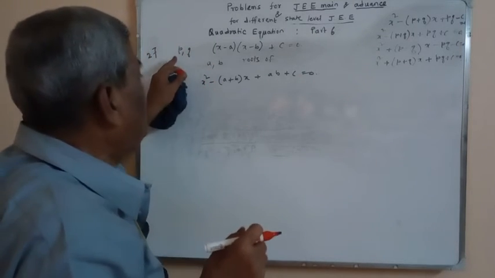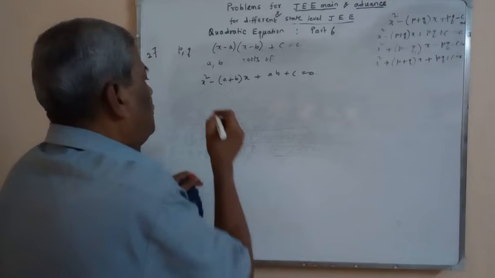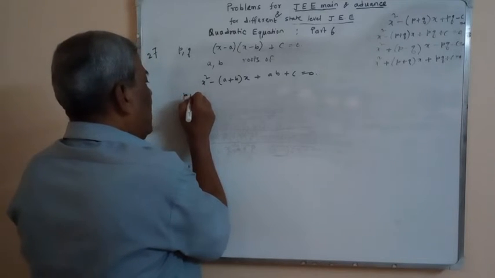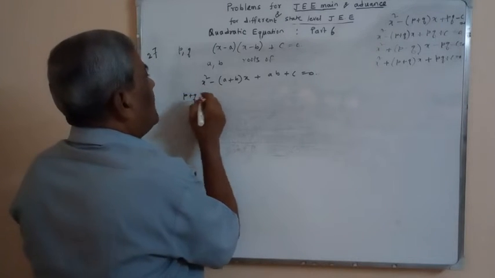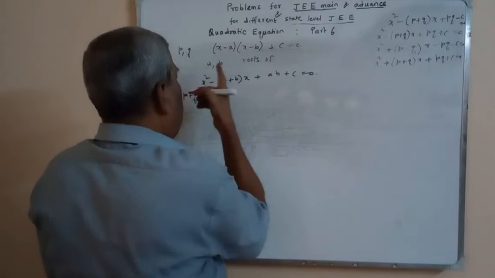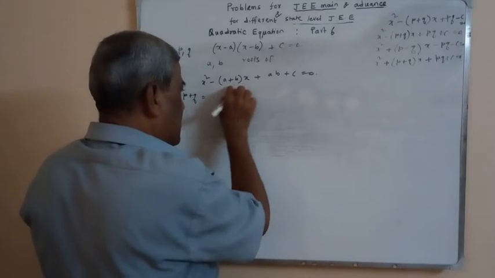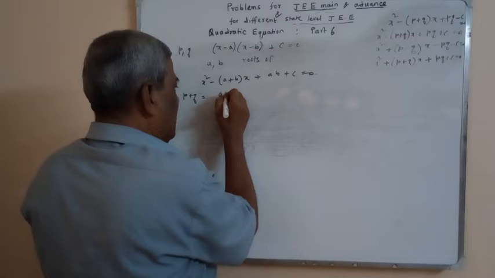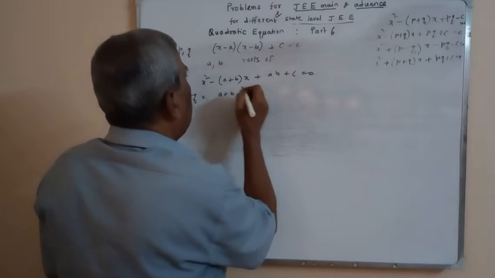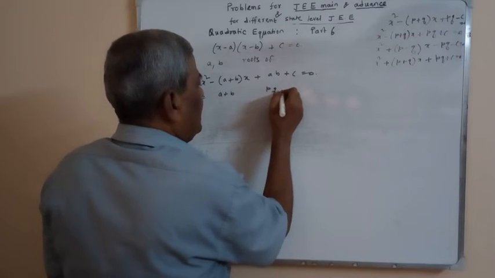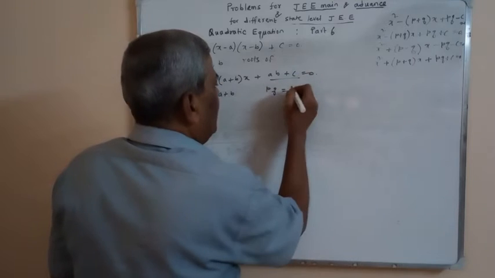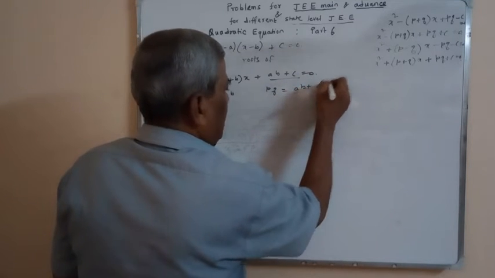But given that P and Q are roots of that, therefore we must have P plus Q is equal to minus B by A, so that is a plus b, and the product PQ is equal to this by 1, so ab plus c.